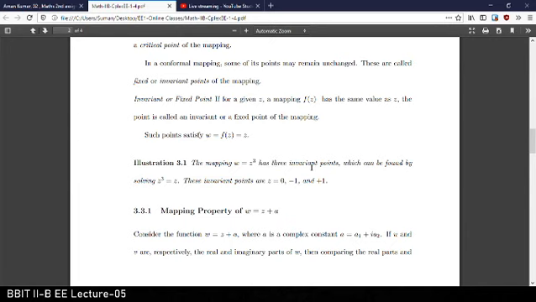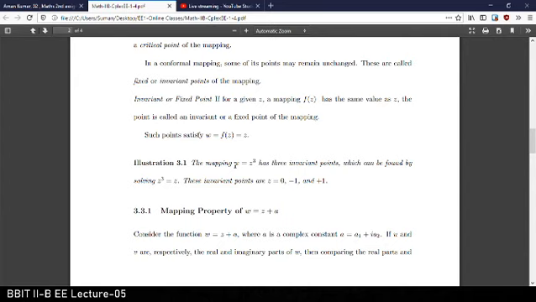Now take the example. Suppose w equal to z cube. That is, w equal to f z equal to z cube. So f dash z is 3z square. Where is it 0?